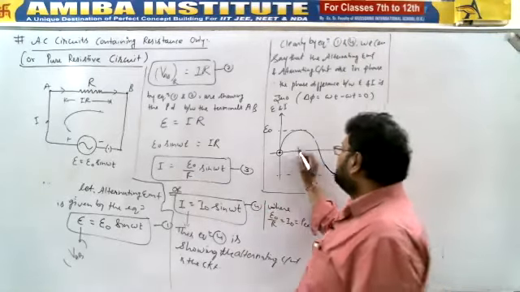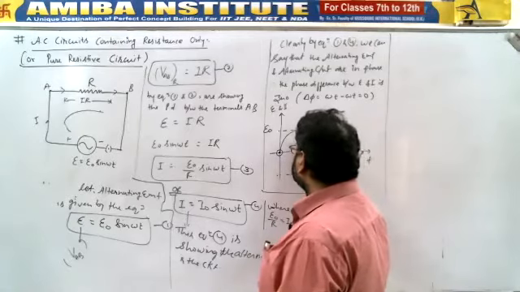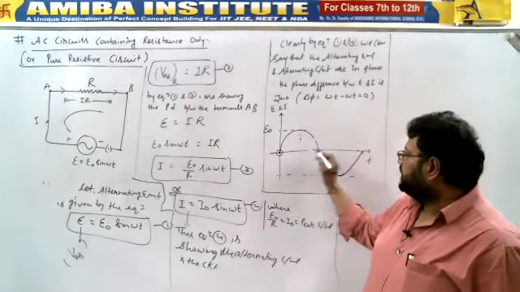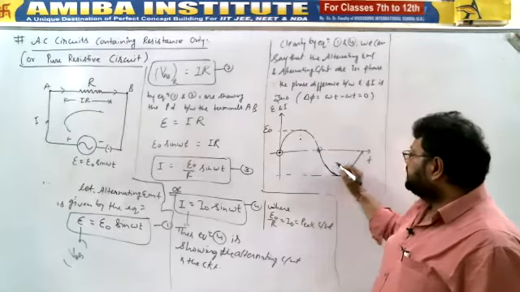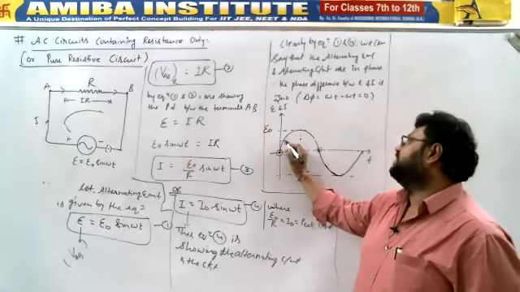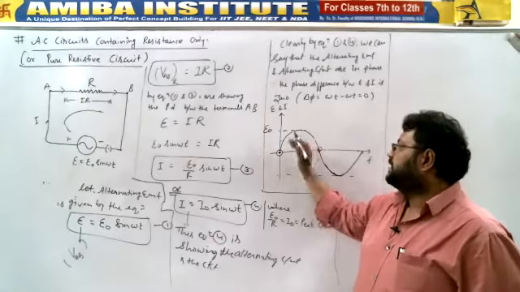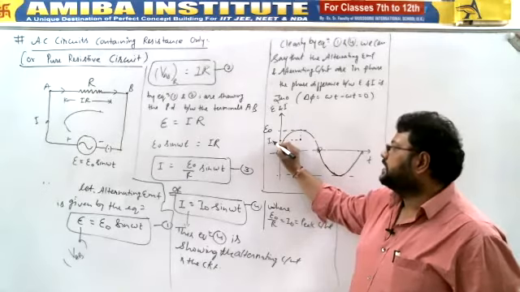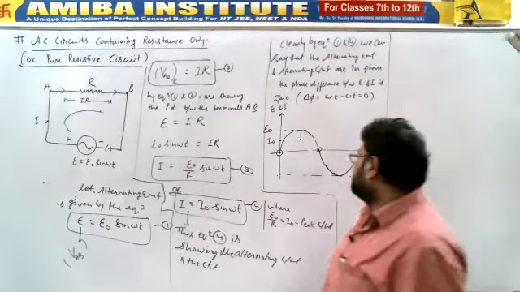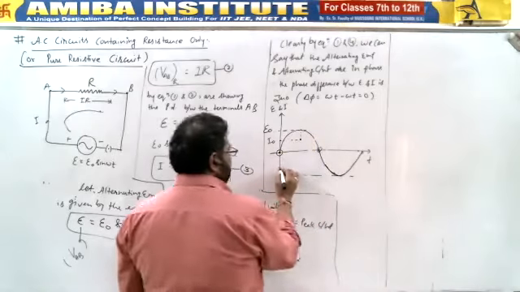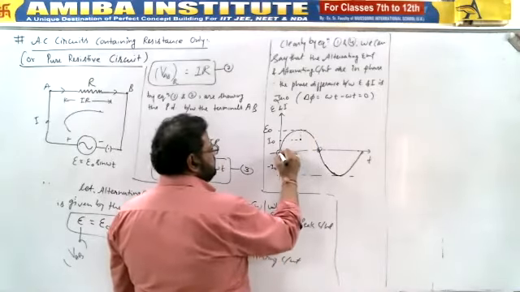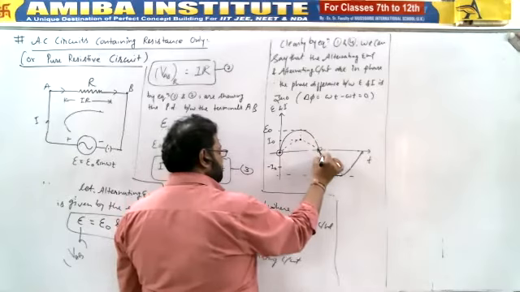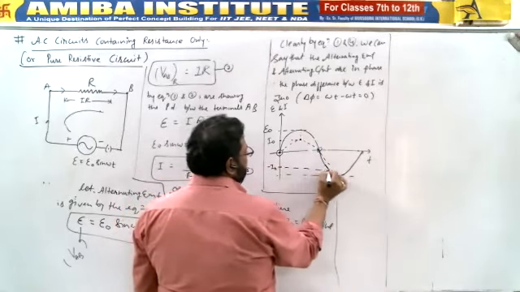So obviously the peak value will be in the same manner. 0 will be at 0, but the maximum value will be a little bit less than E naught. So this is I naught. Similarly, this should be minus I naught. So if I'll be drawing the graph, this should be the nature of the graph.